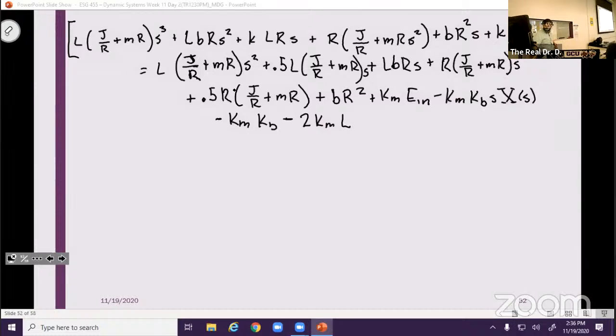Last thing we have to do is add this term right here back over. This guy has got to go back over to the other side to get all the X's on one side.